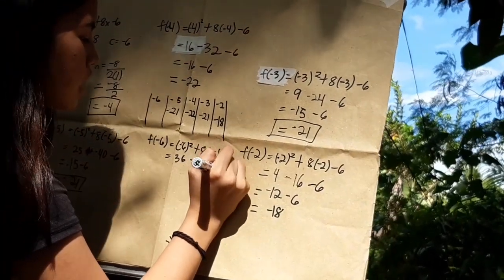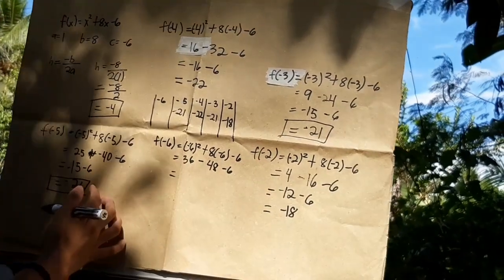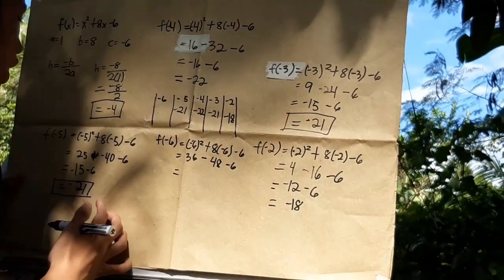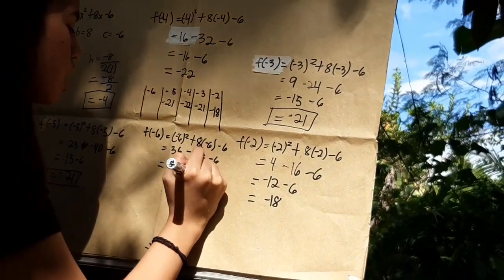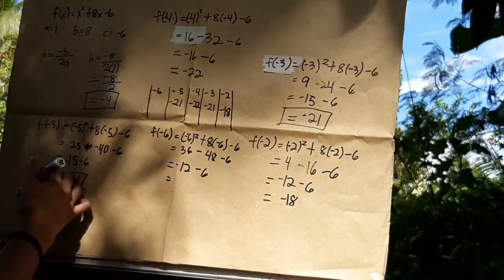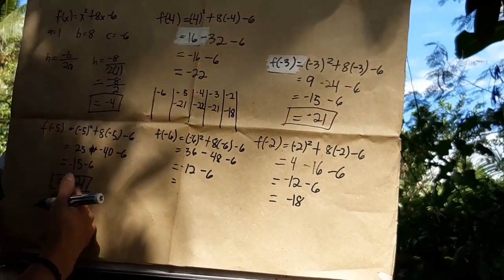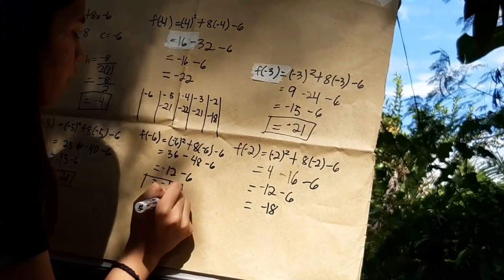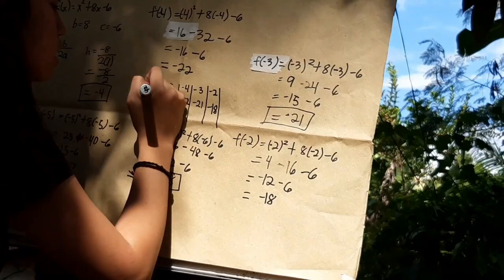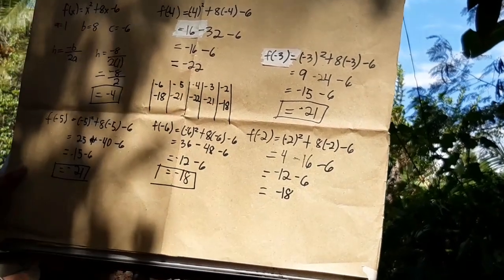Copy the 6. 36 minus 48 is negative 12, and negative 12 minus 6 is negative 18. So the y value of negative 6 is negative 18.